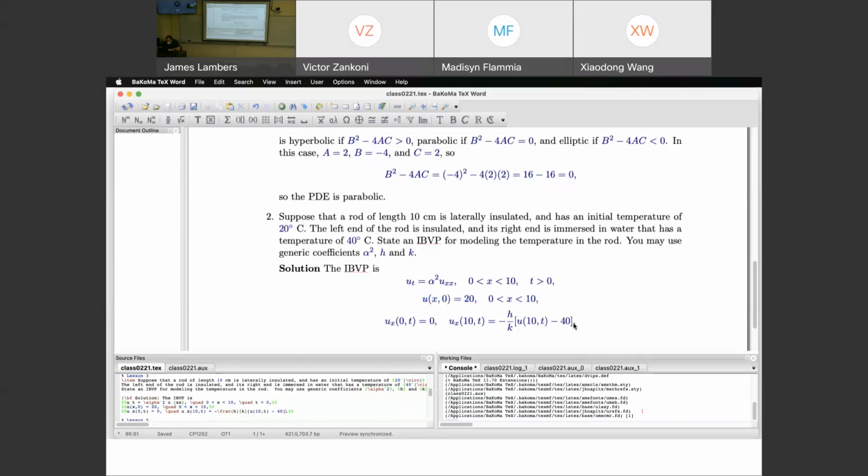Actually, I'm going to add here boundary conditions, just to be rigorous, but apply for all t greater than 0.